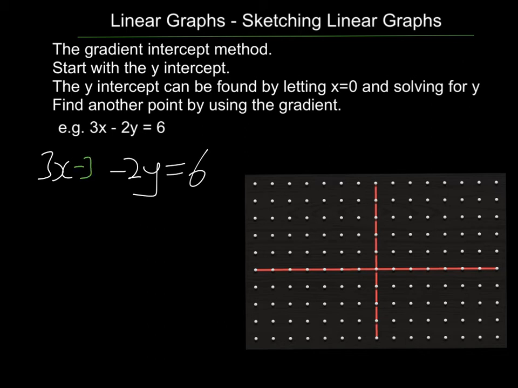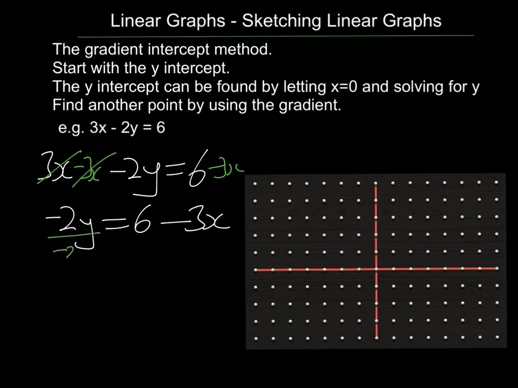So I'm going to subtract 3x from both sides first. Over here, this one and this one subtracted make 0. So I end up with -2y equals 6 minus 3x. To get y on its own and make it the subject, I need to divide by -2 on both sides.